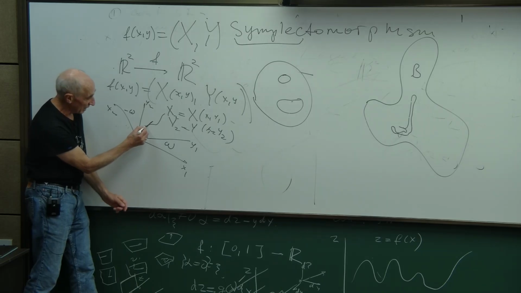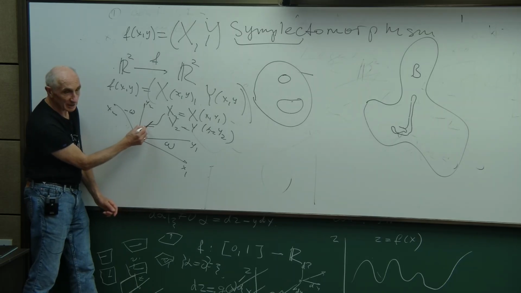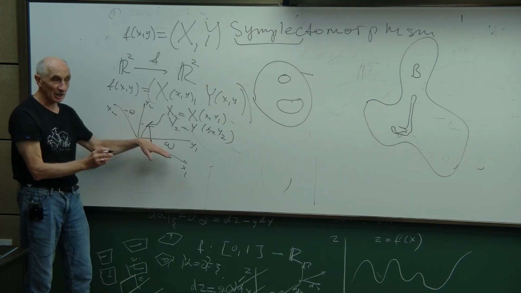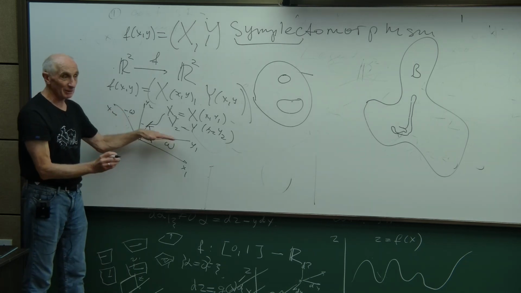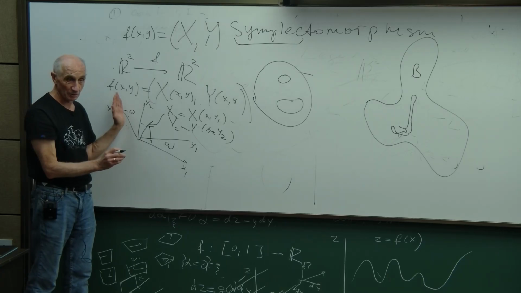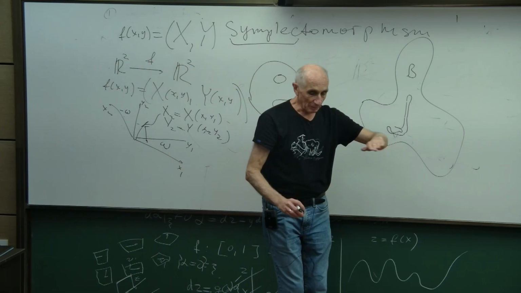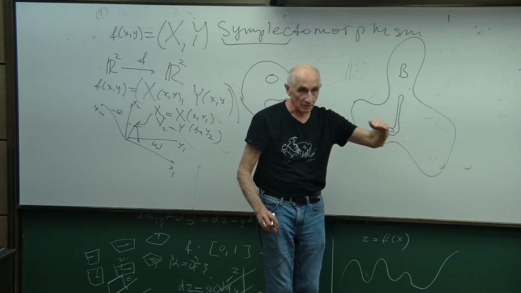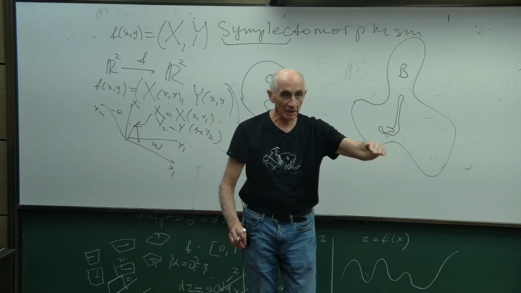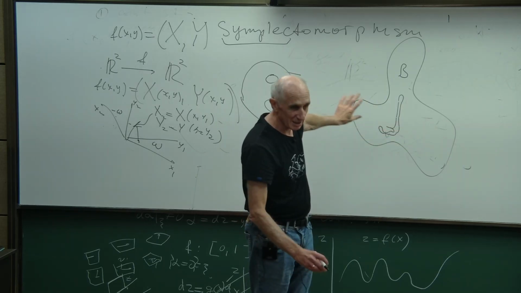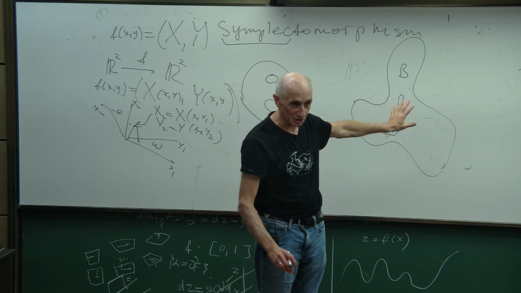It means that if I take any two vectors tangent to the graph and project them to this plane and to this plane, the area will be the same. But now I change the sign, so when we take the sum, this plus this, I get 0. Therefore, you can think of this as another instance of a Lagrangian submanifold: the graph of an area preserving transformation, with this small nuance of changing the sign.